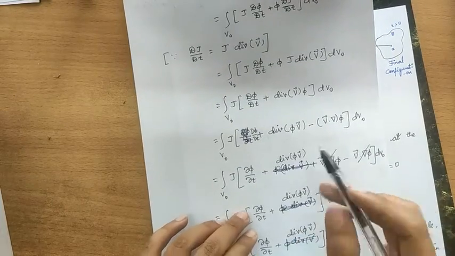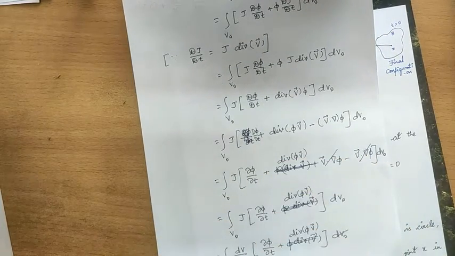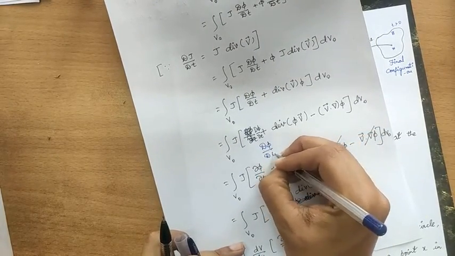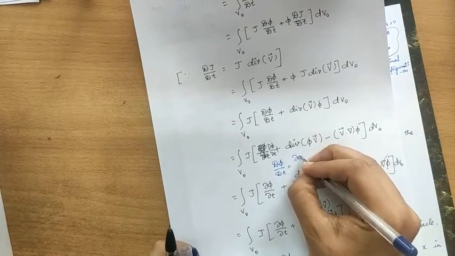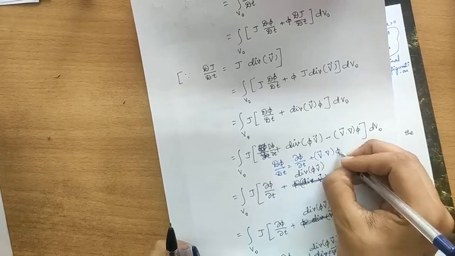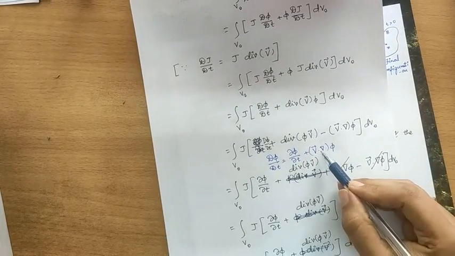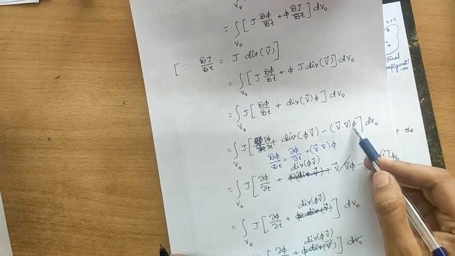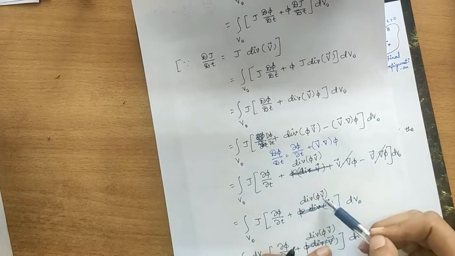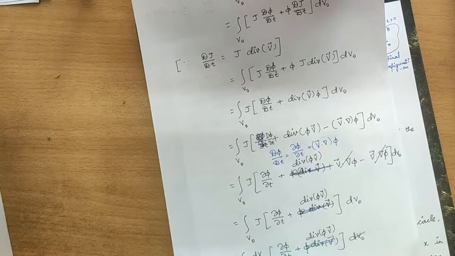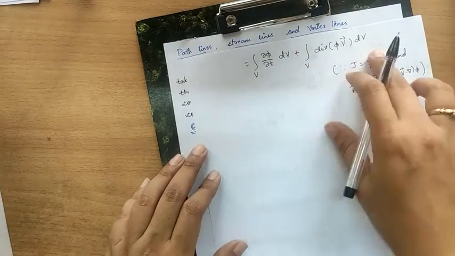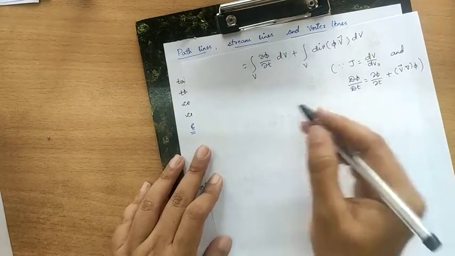So for d phi by dt, using vector identity, d phi by dt is equal to dou phi by dou t plus v dot del phi. So this v dot del phi and the minus v dot del phi get cancelled. You will get dou phi by dou t plus divergence of phi v as it is. Now you will get this, correct? So this is the reason I have written.